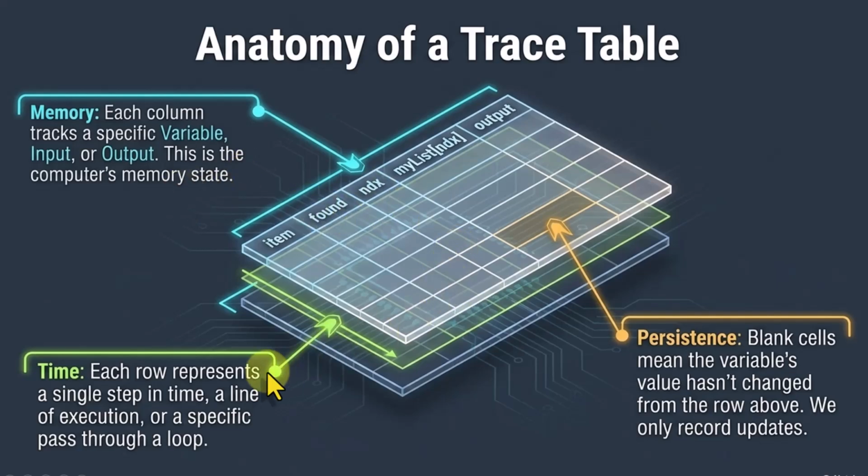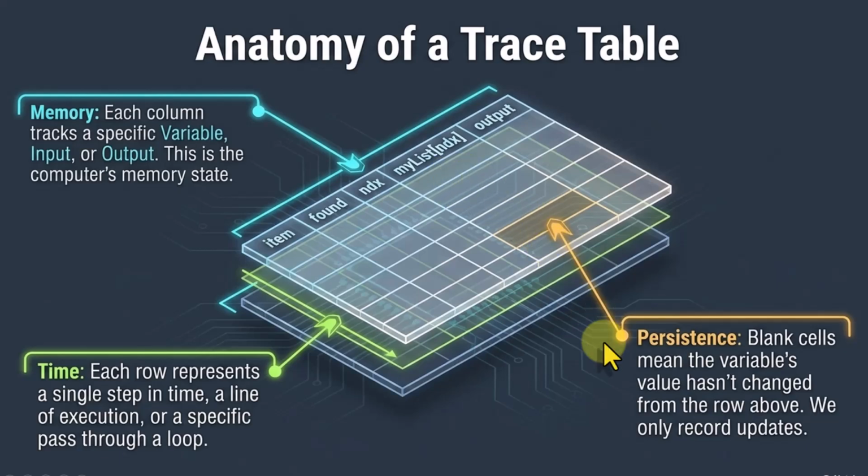Then time: each row represents a single step in time, a line of execution, or a specific pass through a loop. And in trace tables, we can have empty cells. Empty or blank cells mean the variable's value hasn't changed. The last value written in the table is the value it currently holds.